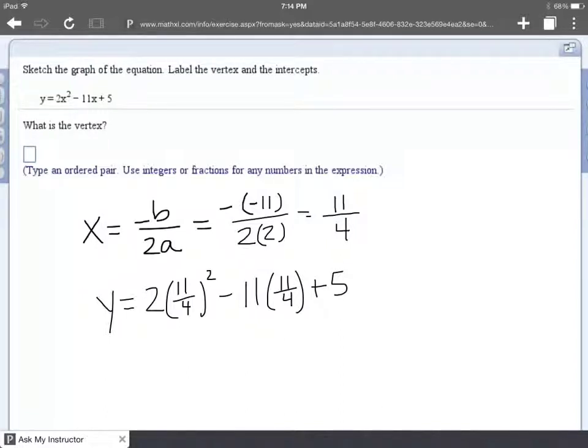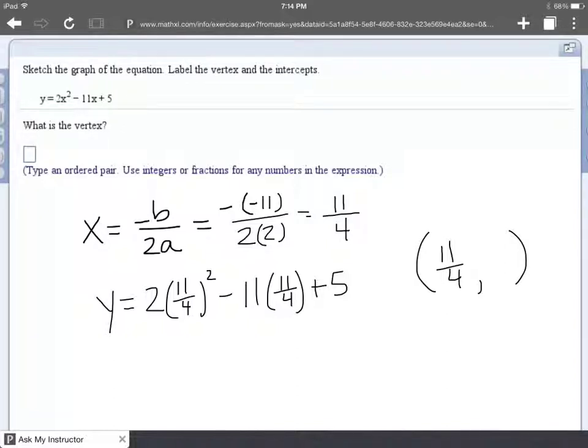And then the last term doesn't have an x. So we have to solve this so that we can get the y coordinate. And then that will give us our vertex. Our vertex will be 11/4, comma, whatever this turns out to be for our y. And this is how we're going to put it into MyMathLab to get the correct answer.